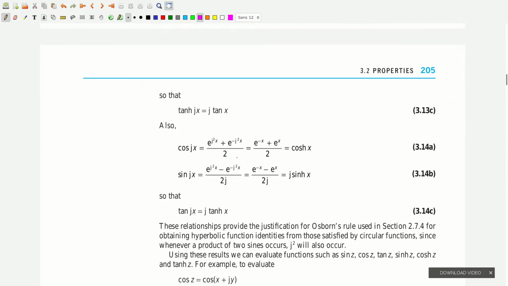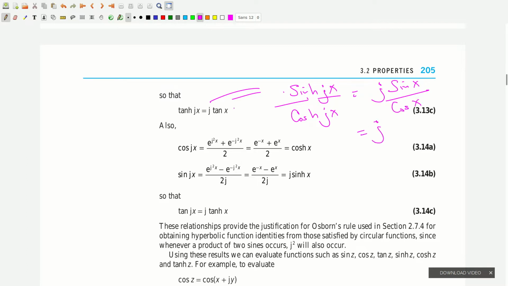And then similarly, you know the deal: tan is hyperbolic sine jx over hyperbolic cos jx. But we know that the hyperbolic sine gave us j sine x, and the hyperbolic cos gave us simply cos x, so that is why they write it as j tan x.